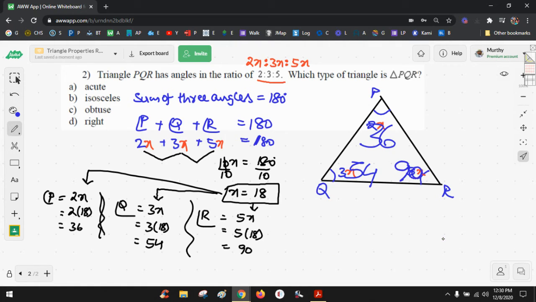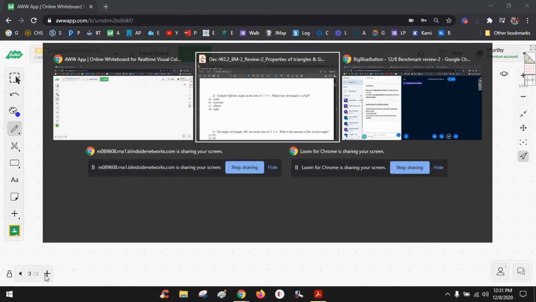Now the angles are 36, 54, and 90 degrees. That makes sense, right? So this is an example of how to find the missing angles. Let me go to the next one.